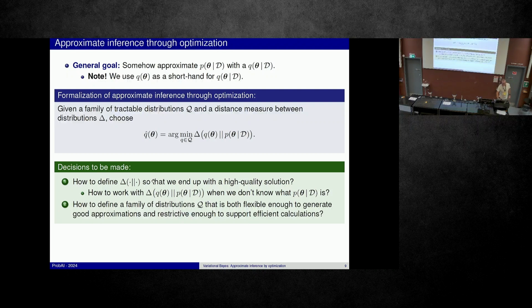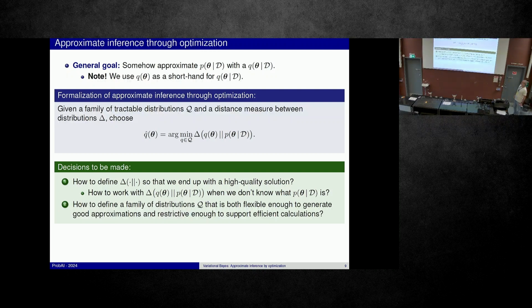So what is the distance here? It's particularly problematic because we need to calculate the distance between a candidate and the gold standard, but we don't know what the gold standard is. So how do we calculate the distance to something that is unknown to us? If we knew what this is, we wouldn't need to do this in the first place, right? Because then we know it.